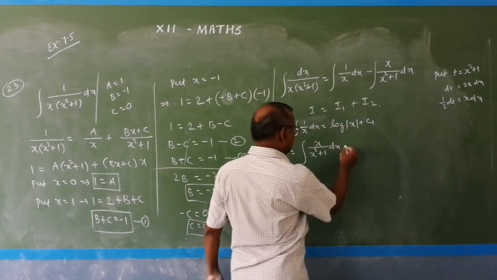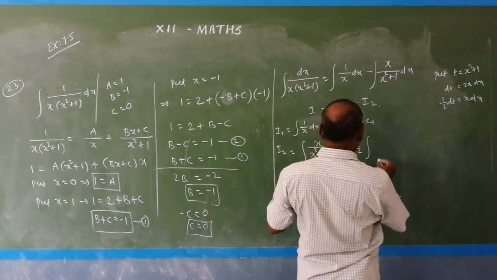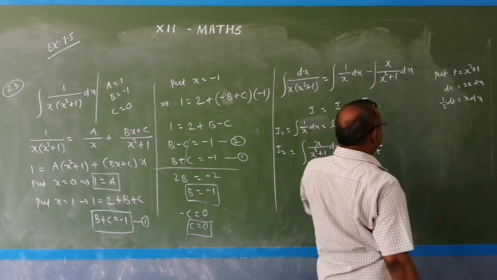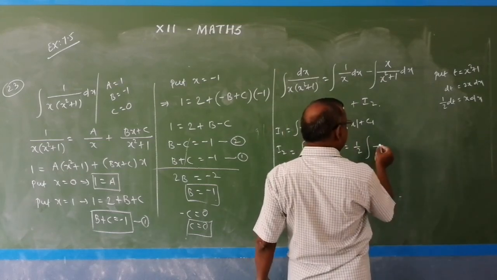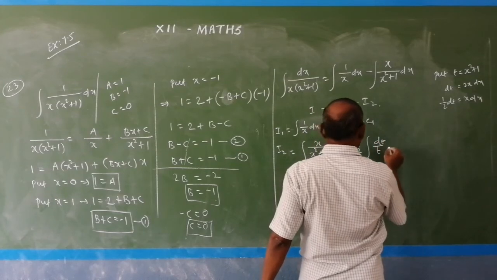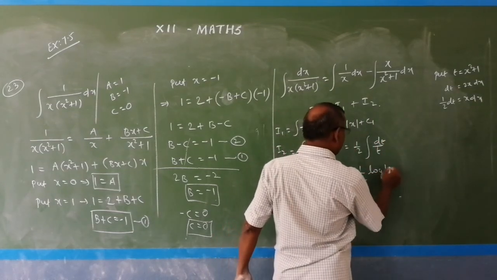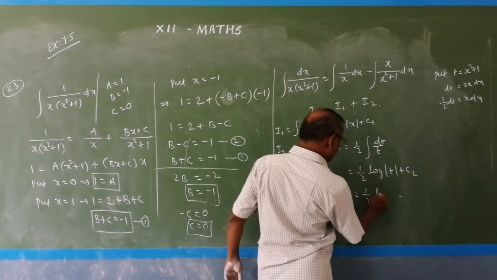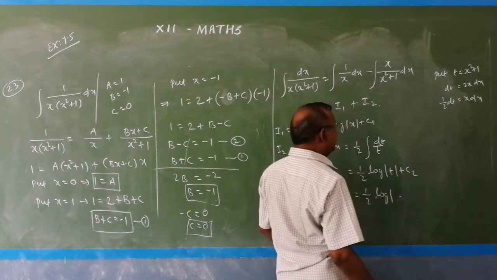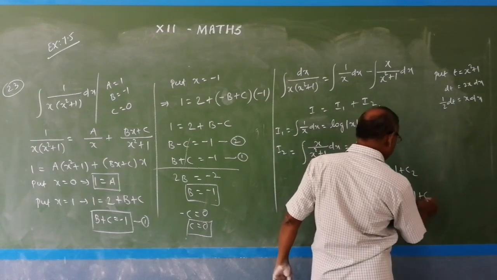So, this is equal to 1 by 2 integral, the denominator is t, and x dx is 1 by 2 into dt, that is equal to 1 by 2 into log of modulus of t plus C2. So, that is 1 by 2 into log of modulus of x square plus 1 plus C2.